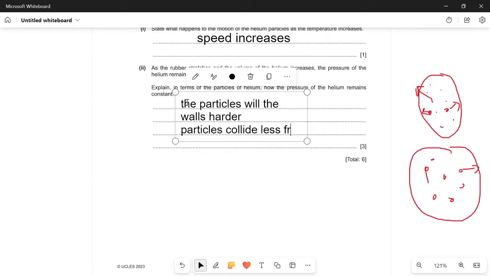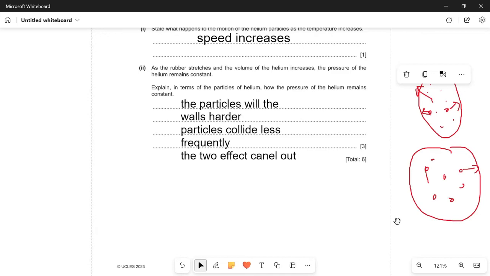Due to the larger volume, they collide less frequently because they're less dense, they're more spaced out. And then the two effects cancel out each other. So the pressure remains the same.